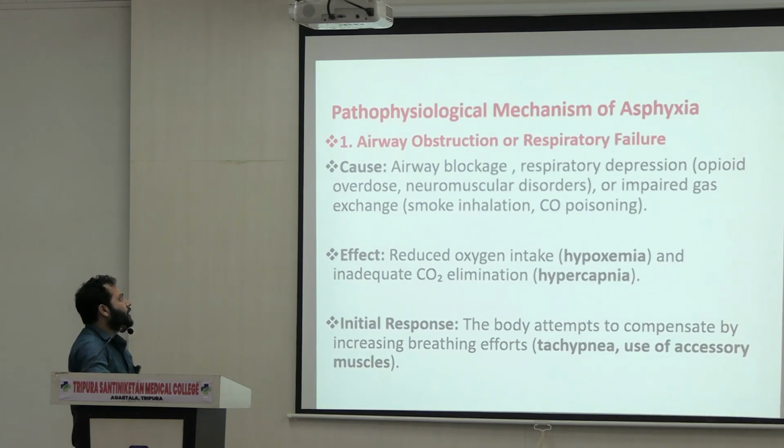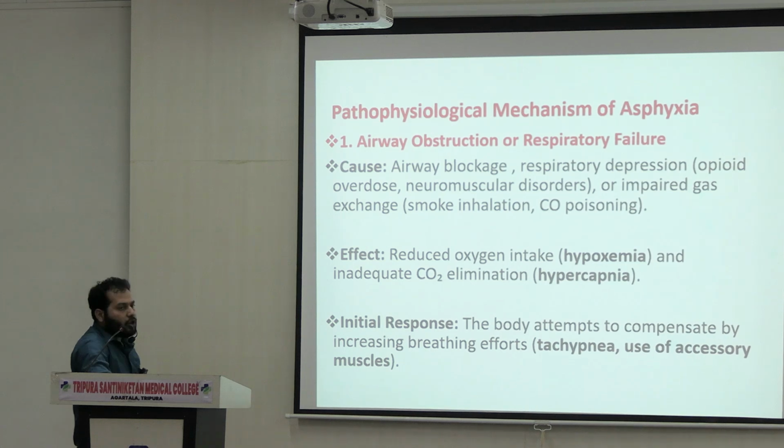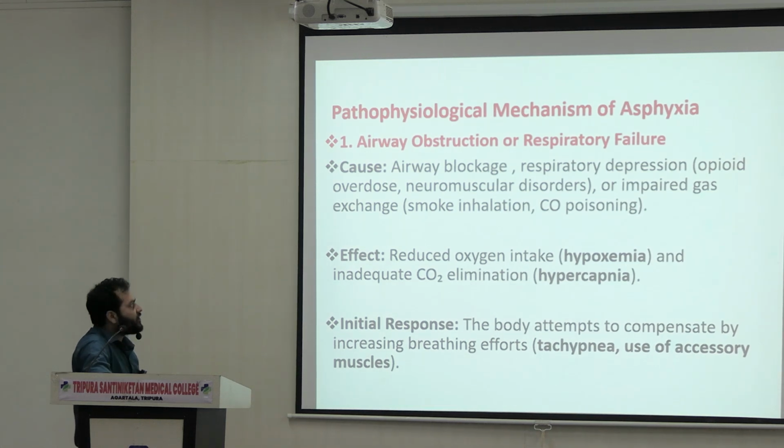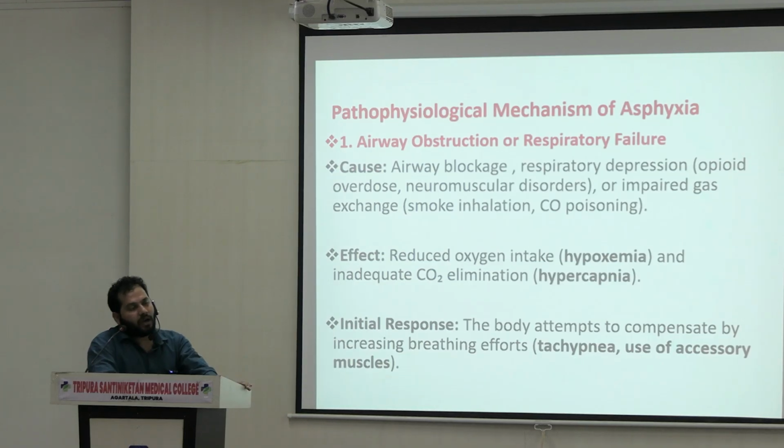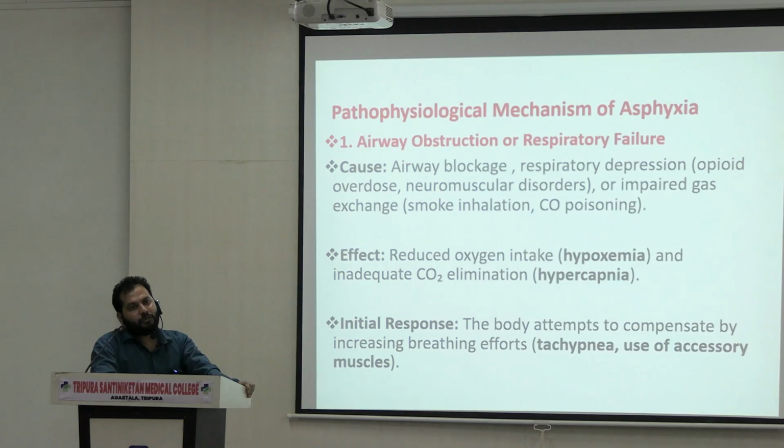depression. Now here the pathological basis of mechanical asphyxia or other types of asphyxia, if you see the process, now you will find some differences from previous ones, and also if you see the pathophysiology of different types of asphyxia, you will find some similarities also.